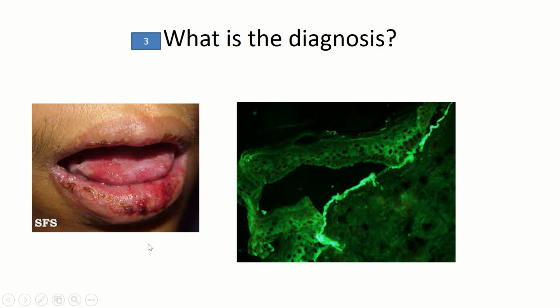You know that cicatricial pemphigoid is a kind of immunobullous disorder that typically involves the mucous membranes such as the oral cavity and eye. And the bulla formation in this type of immunobullous disorder is typically subepidermal.